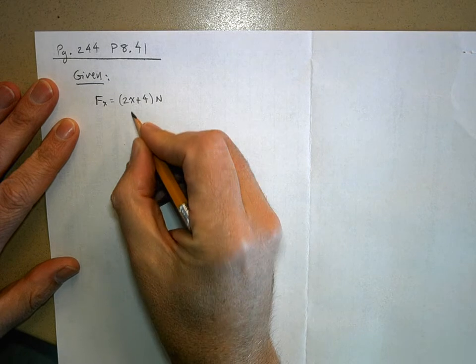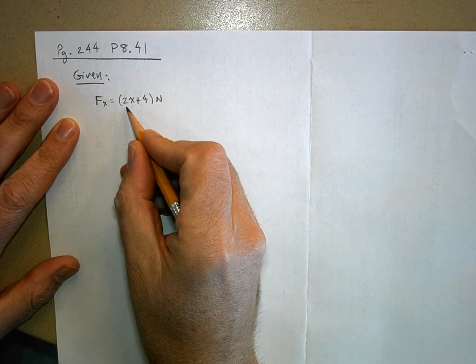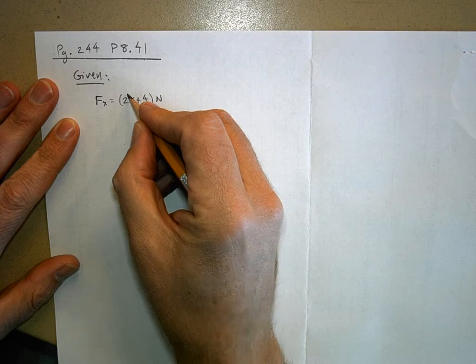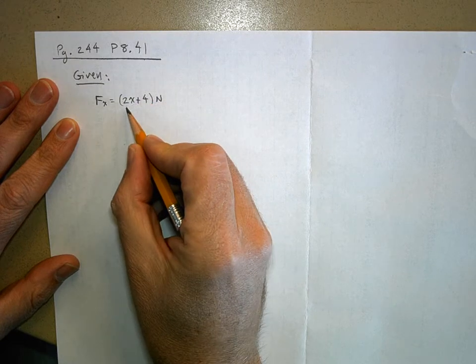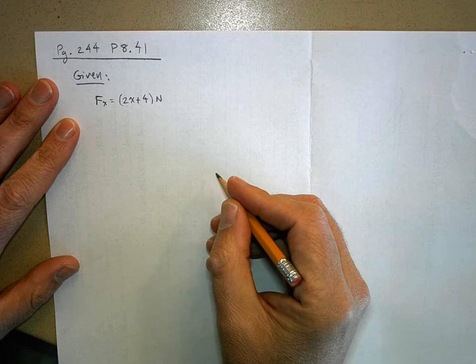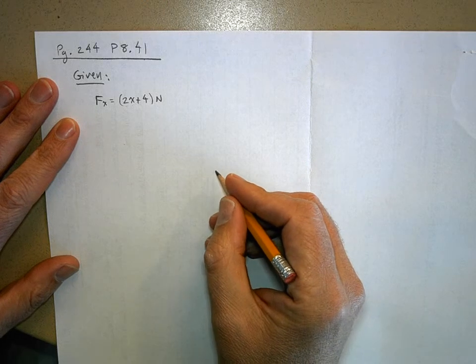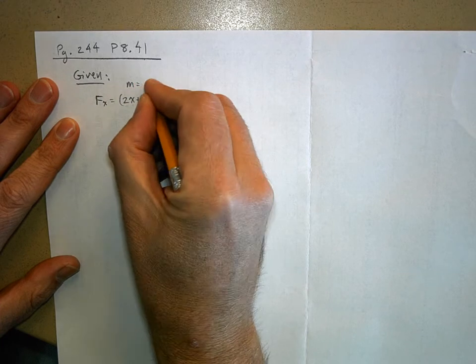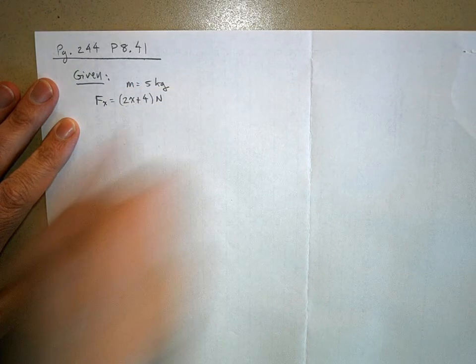Now x, it says, is in meters, so this 2 must be in newtons per meter. This is like a spring constant right here. This 2 is acting just like a spring constant. And then the mass of our particle is 5 kilograms.